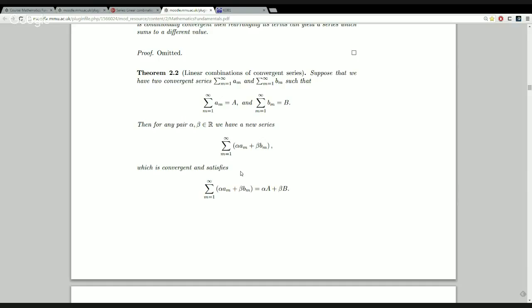So you see what I had was a limit of alpha times this k term plus beta times this k term. Instead, I've written it as alpha times the limit of the k term, then plus beta times the limit of the other k term.